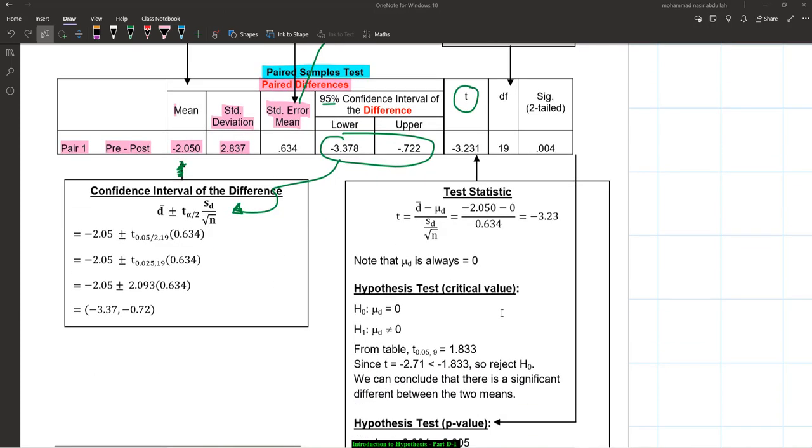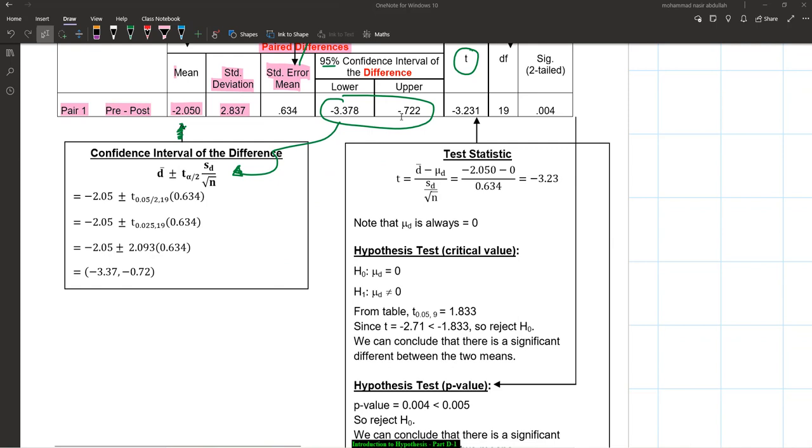For the t-test statistic, the mean difference that we got from here, minus 0, because we know the null hypothesis is mu1 minus mu2 equals 0, or we can say mu d equals 0.